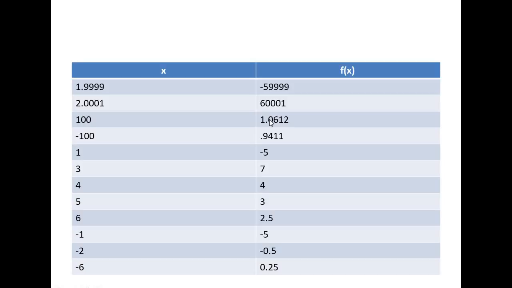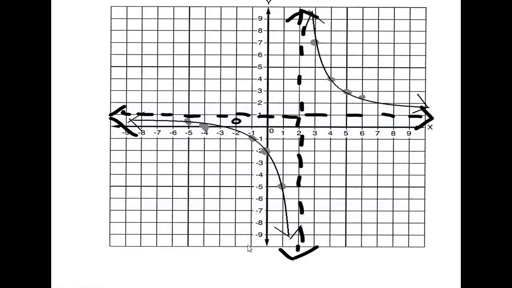Once you've done that, you take extra points to make your graph more precise, choosing points that make the math easiest. Then you plot all the points down.